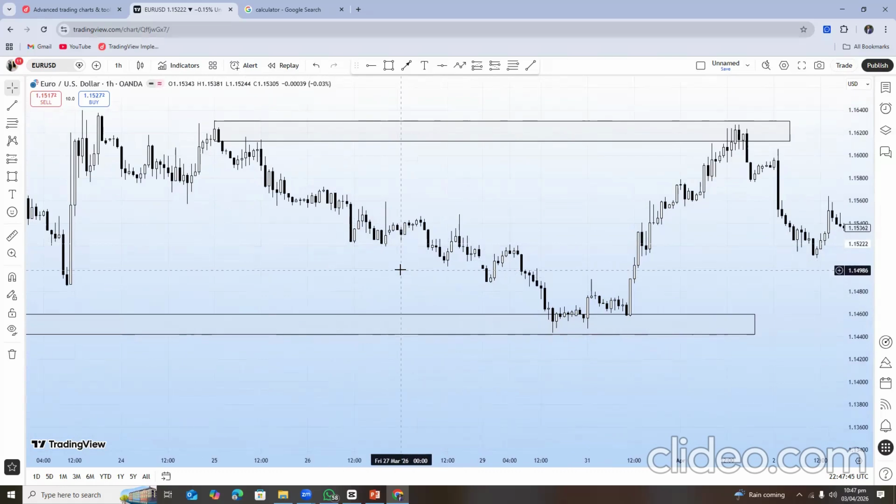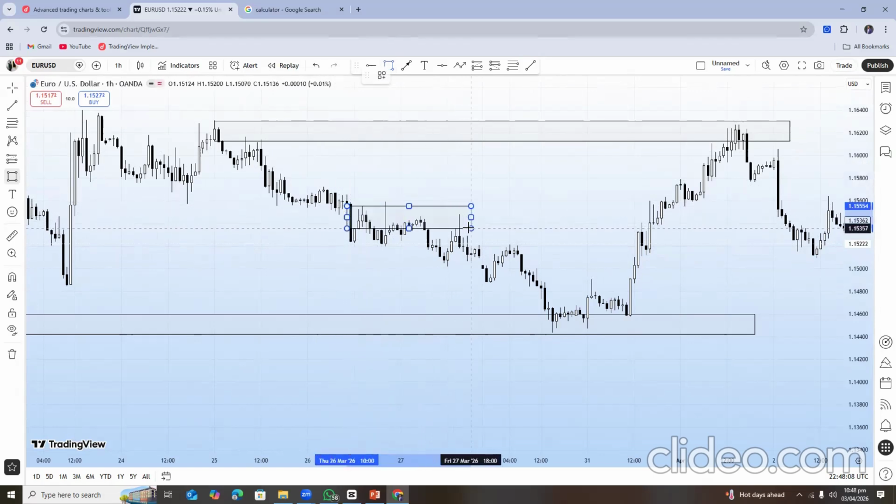The easiest way to identify them is to identify a strong body candle or a big body candle. So look at this candle. You see that we have one here and then another one. The wicks are not overlapping, so it means that the whole of this space forms a fair value gap.